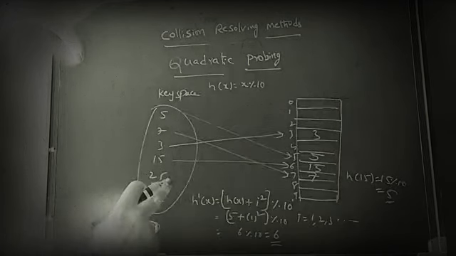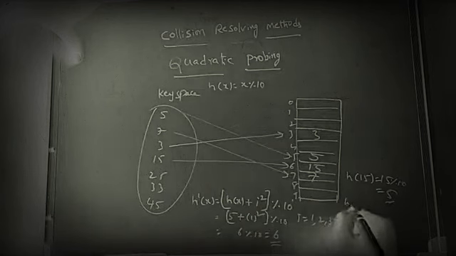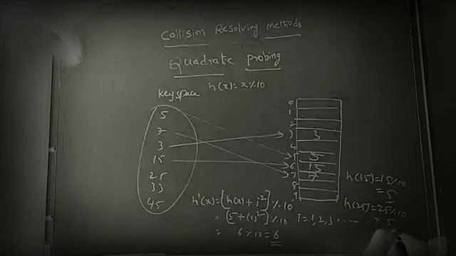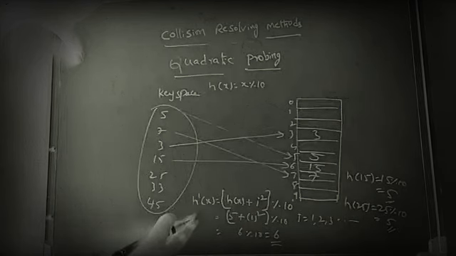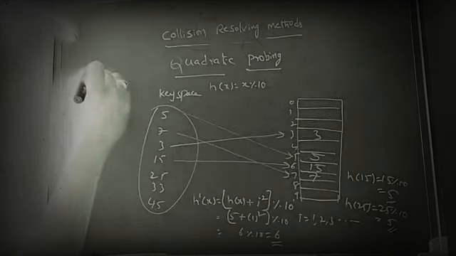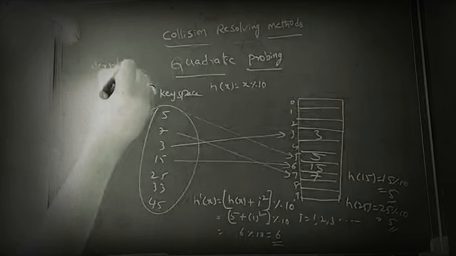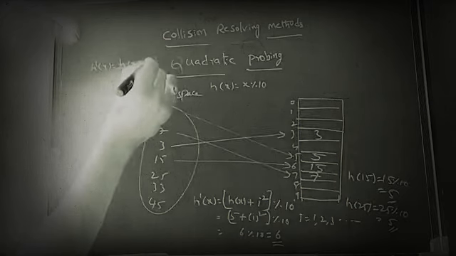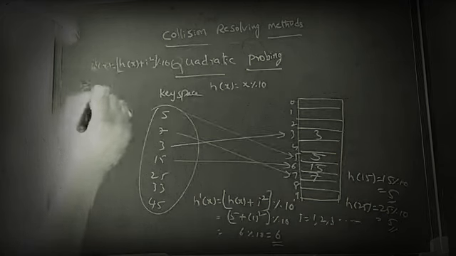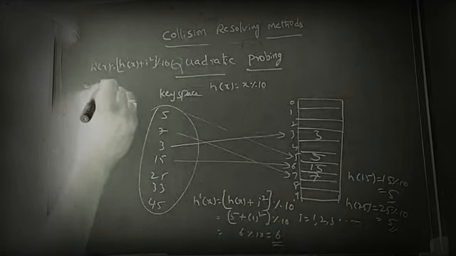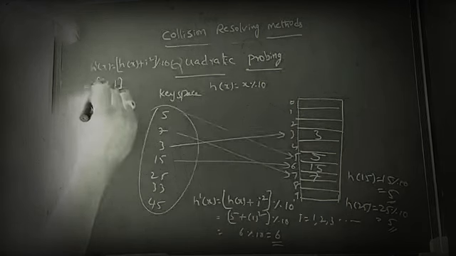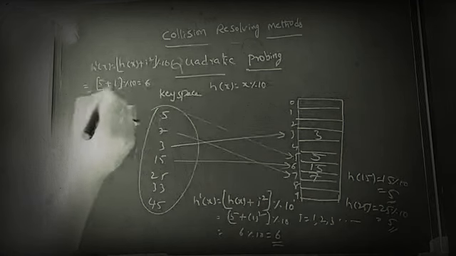Next go for 25. Find the remainder: 25 mod 10, remainder is again 5. So apply this formula again. How to apply? h'(x) = (h(x) + i square) mod 10. Here h(x) is 5, plus initially i value is 1. So 1 square is 1, then mod 10, remainder is 6.